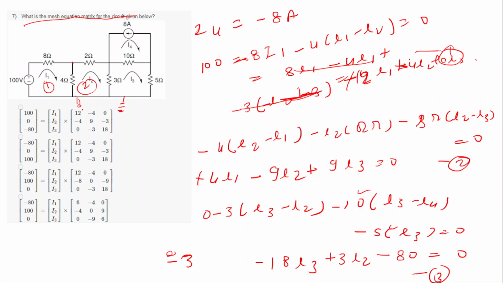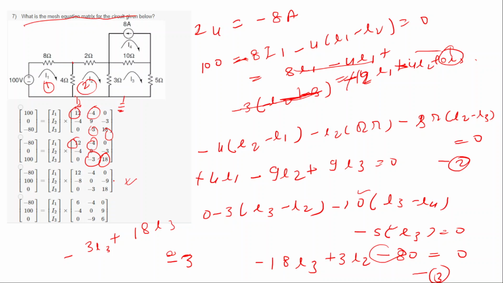So 12 and minus 4 will be correct. And the minus 80 term we can move to the other side, so it will become minus 3 times I2 plus 18 times I3. So 18 will be positive and 3 will be negative, so 18 and minus 3 are matching, and this also matching.